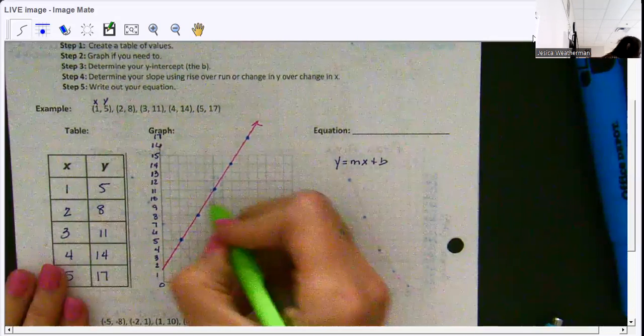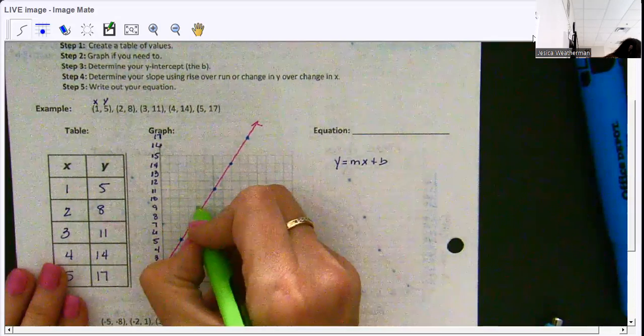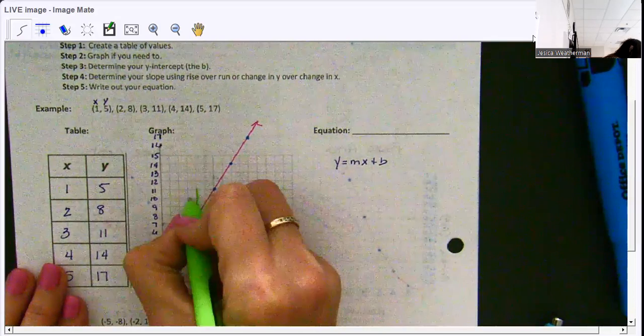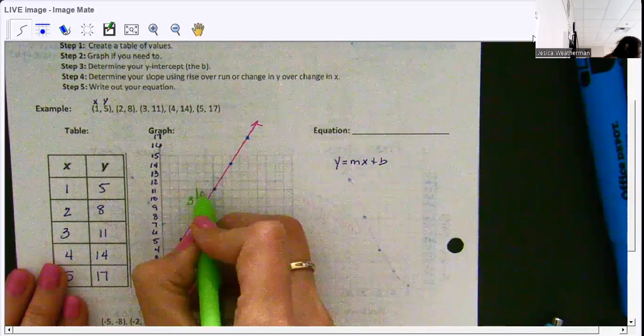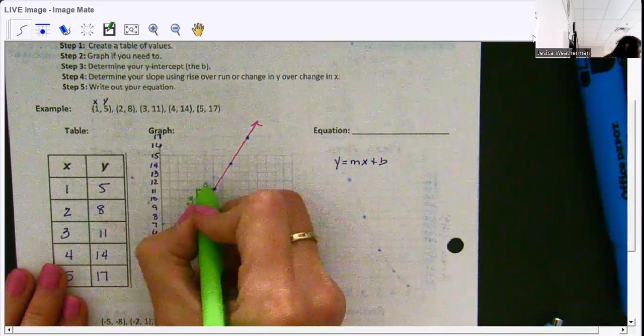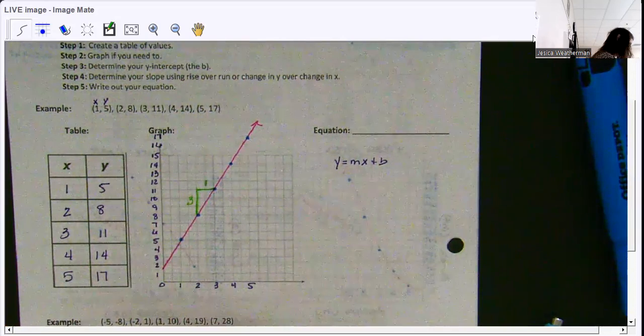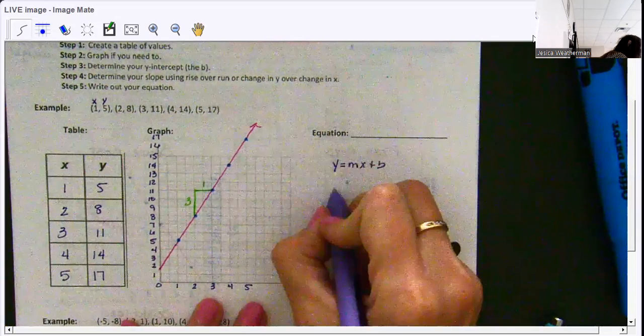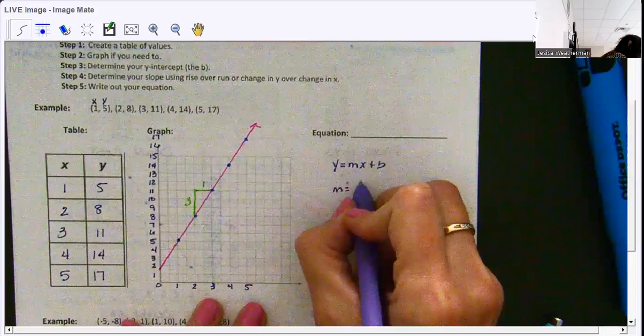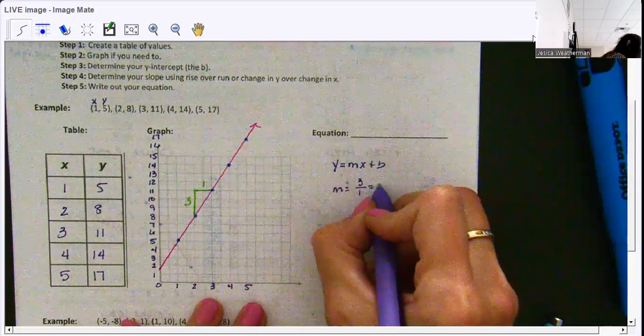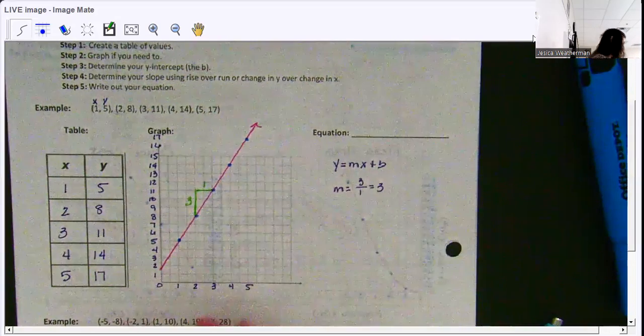So I know that I'm rising 1, 2, 3. That's my rise. And I'm running, it looks like 2, but remember I skipped a line, so it's only 1. So my slope is up 3 over 1, which is 3. Now, if I wanted to check that with my table, I could do that.